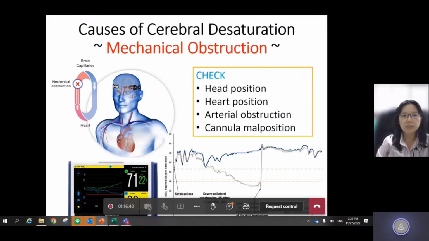So we should address the issues concerning cerebral desaturation. If there's a cerebral desaturation, we need to check if there's any mechanical obstruction. We need to check if the head position is neutral and the heart position is okay. And if they have cardiopulmonary bypass, or if it's like aortic arch surgery, they have selective cerebral perfusion, we need to check if there's arterial obstruction or cannula malposition.